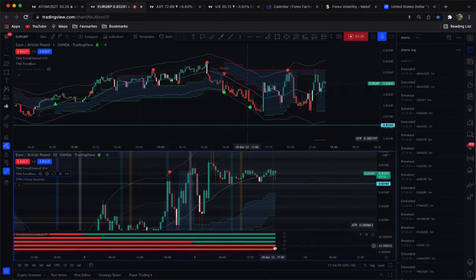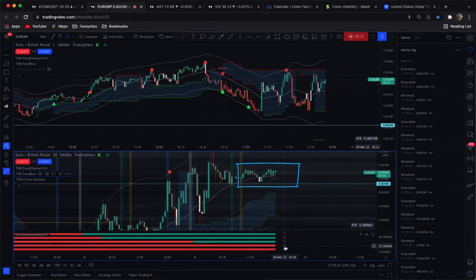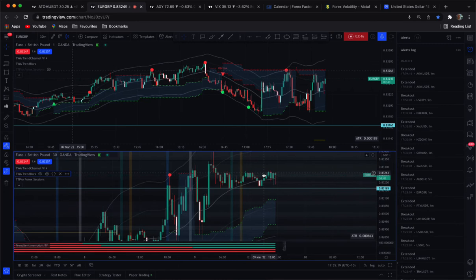The daily will turn green at any time soon. If we get a break above here, we'll see the green come into this daily. So I'm happy knowing that we have confluence with the higher time frames insofar as our trend's concerned. So that's the first thing, this indicator down here and the daily.